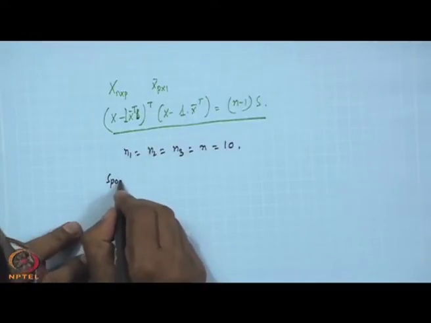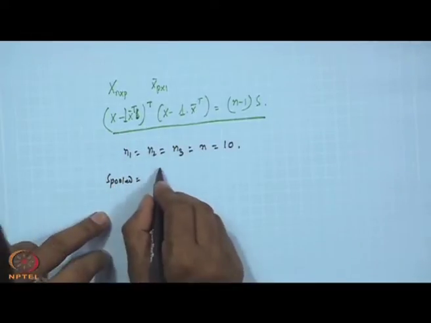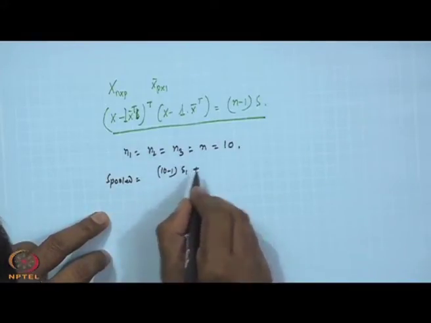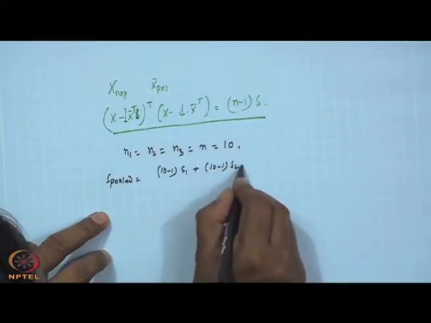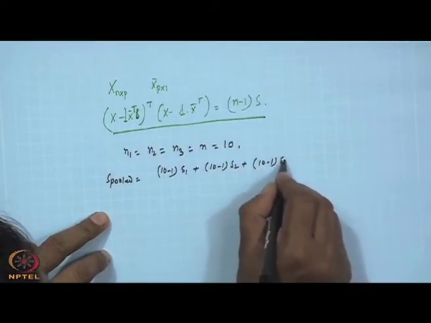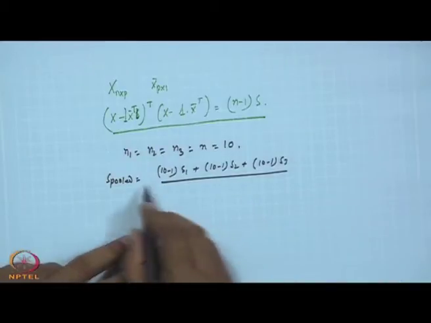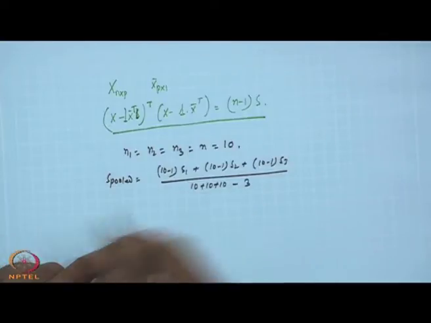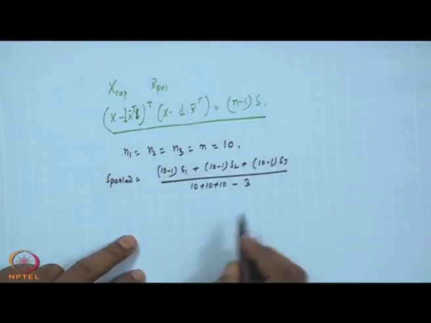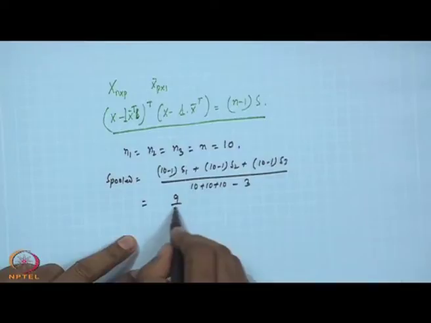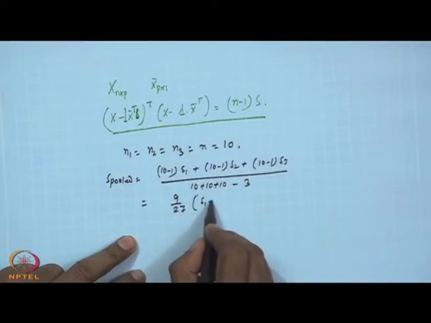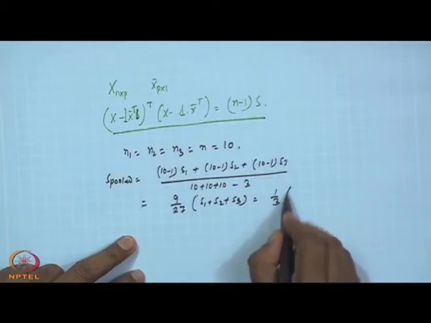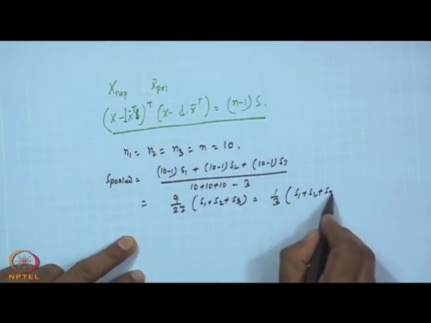So, my S pooled will be (N1 minus 1), that means (10 minus 1) into S1, (10 minus 1) into S2, (10 minus 1) into S3, by (10 plus 10 plus 10 minus 3). So, it is 9 by 27 into (S1 plus S2 plus S3). So, 1 by 3 (S1 plus S2 plus S3).